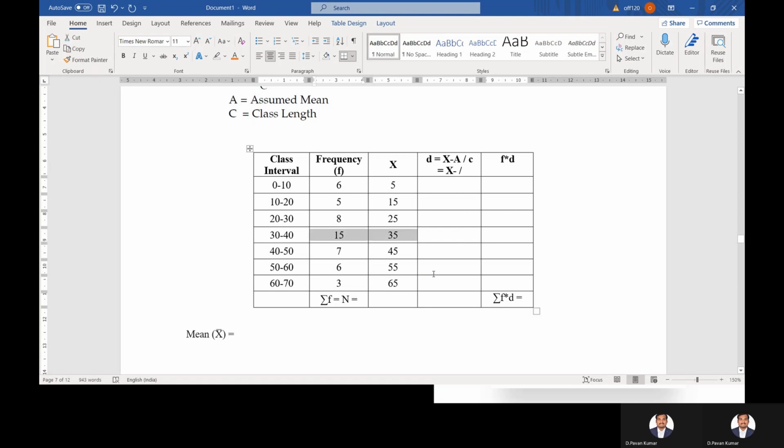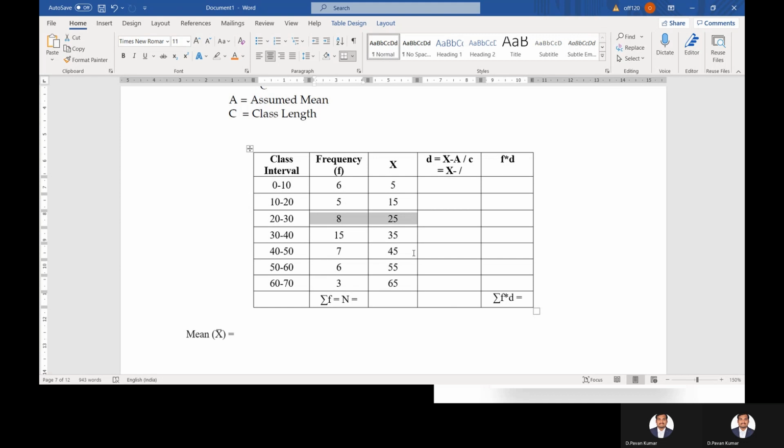See, 15 into 35, you cannot directly do that because our mind is not that quick to find the answer here. Or 8 into 25, 25 into 8 means 25 fours are 100, 25 8s are 200. That is how you can find out the answer. But 15 into 35, it will be very typical for us in some situations to find out the answer.